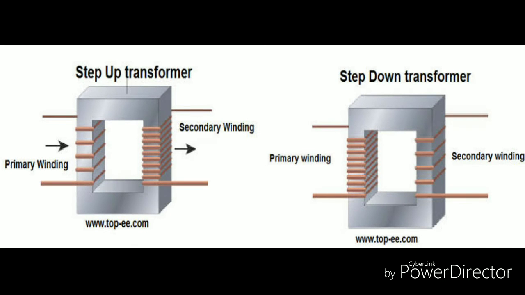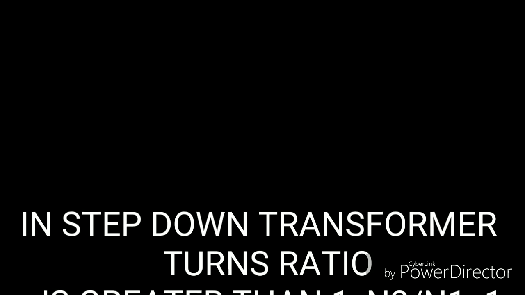All of you saw that the transformer has two types of windings, the primary side winding and the secondary side winding. In the step down transformer, the primary side has more turns than the secondary side.